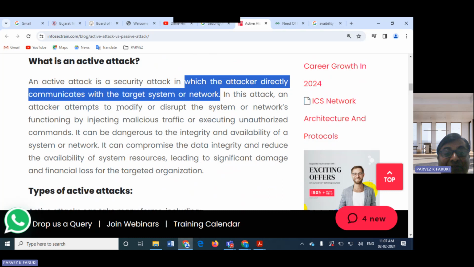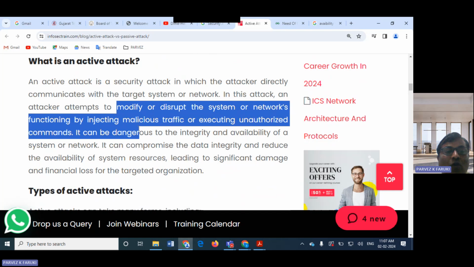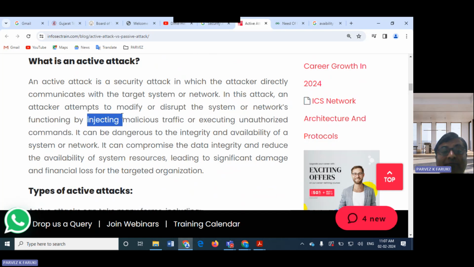In passive, you were just an observer. However, here you are trying to modify or disrupt the system or network's functioning, either by logging in as a legitimate user, though you are using those credentials, you are an unauthorized user.